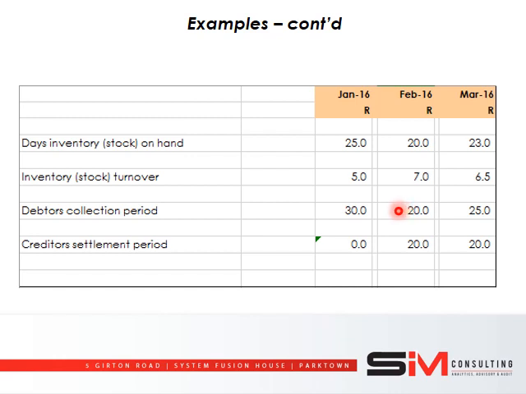Debtors collection period. For the month of February 2016, it takes us 20 days to collect cash from the debtors, while in January 2016 it takes 30 days, meaning in January it takes longer for us to collect cash from the debtors.